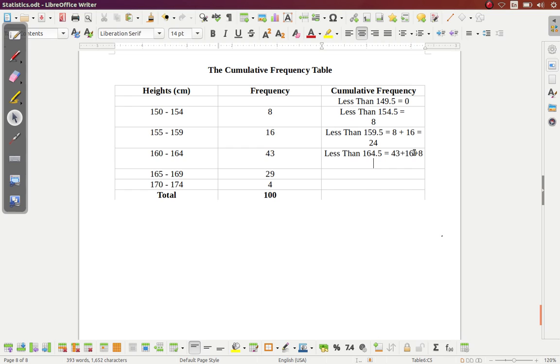What do you get for this? 24 plus the 43. 4, 5, 7, and 3, 7, 6, 7, 6, 7, 8, 4, 5, 6, 6, 67. 67 persons measure less than 164.5.